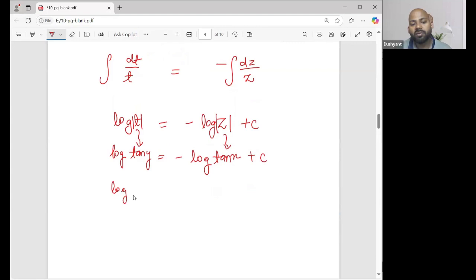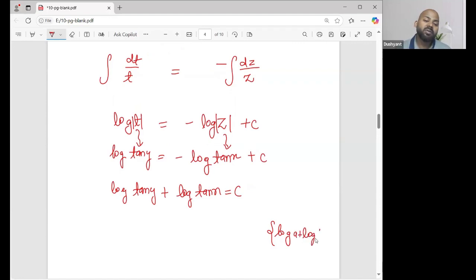Log of tan y plus log of tan x equals c. And we know that log a plus log b is log of a times b. So this is going to be log of tan y tan x equals c.